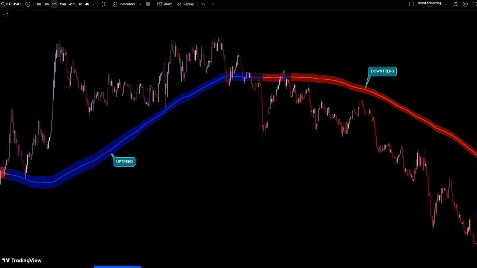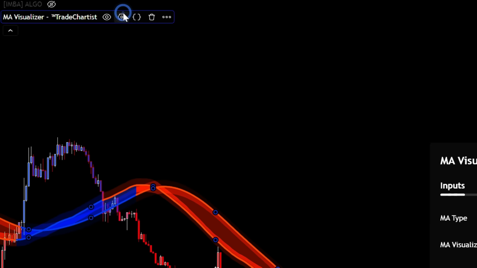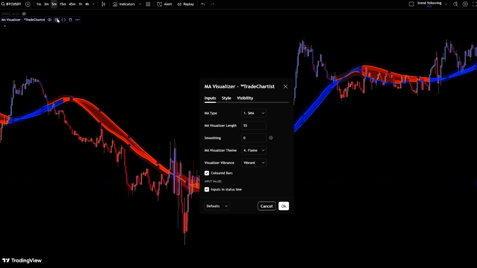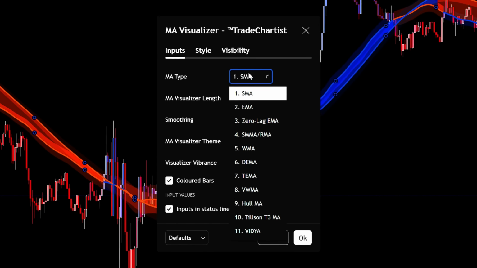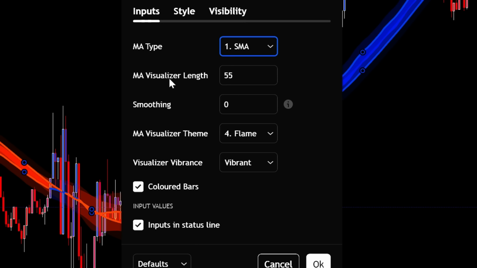For our strategy, we'll tweak it just a little. Open the settings, go into the inputs, set the MA type to SMA. MA length to 200.